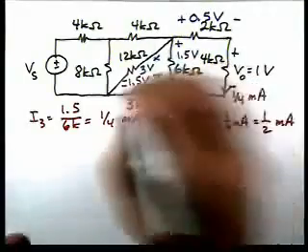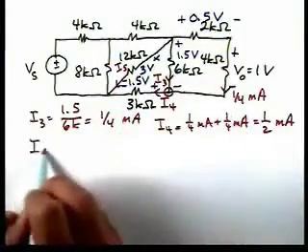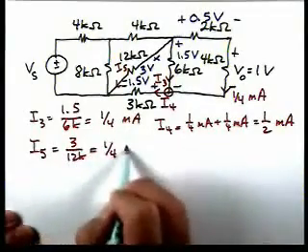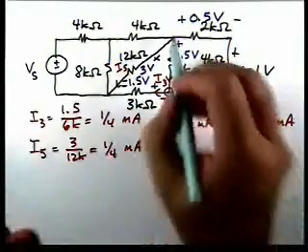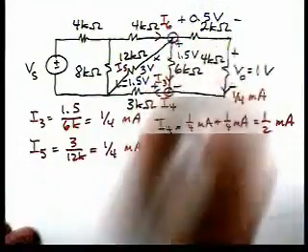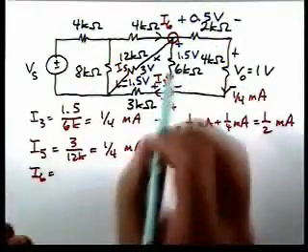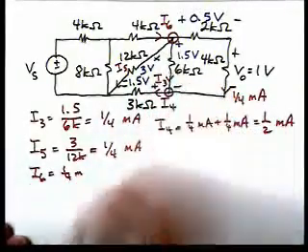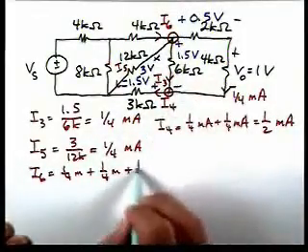And if we define this current as I5, then I5 is 3 divided by 12K, or 1/4 of a milliamp. Now, we can apply Kirchhoff's current law here to find the current I6. So I6 then, we have 1/4 of a milliamp leaving through here, another 1/4 leaving through here, then another 1/4.